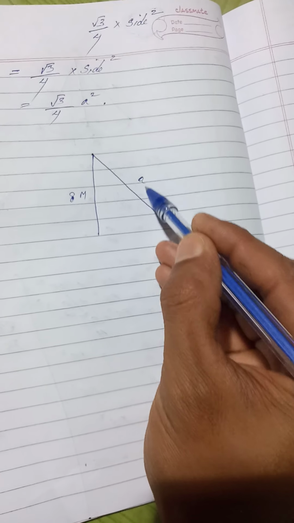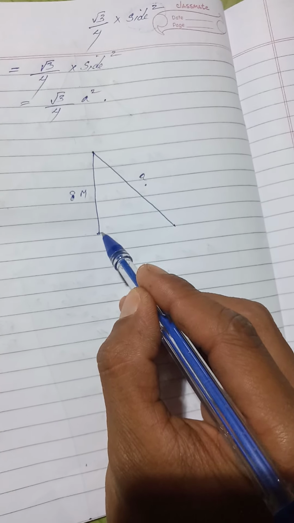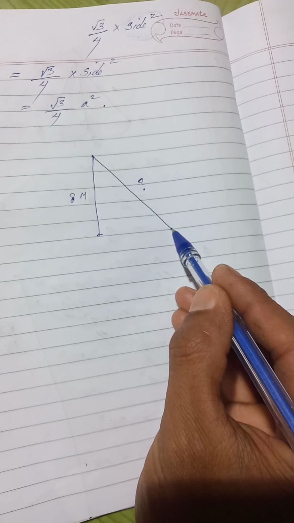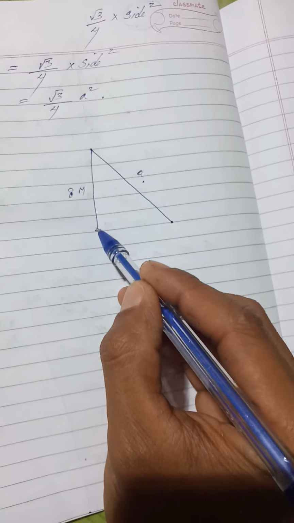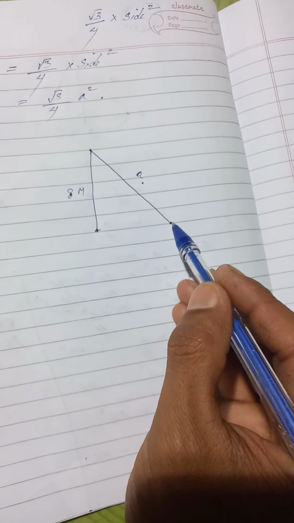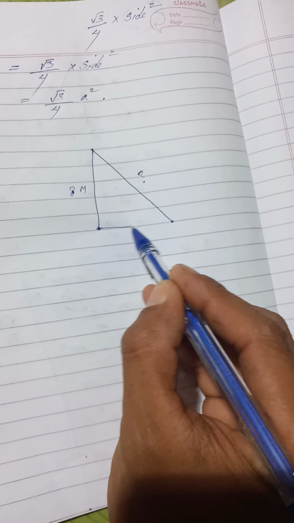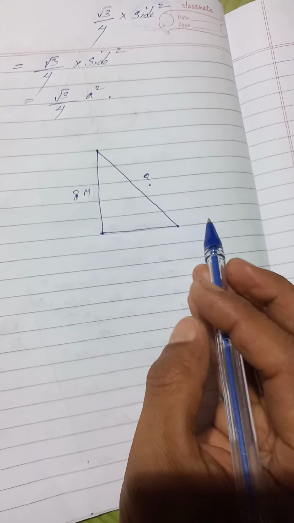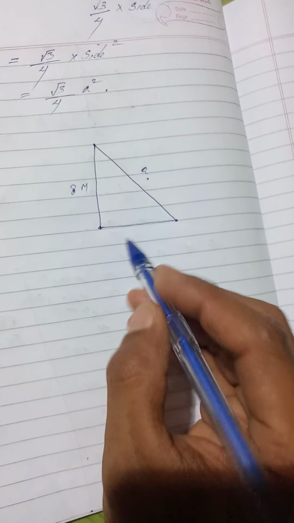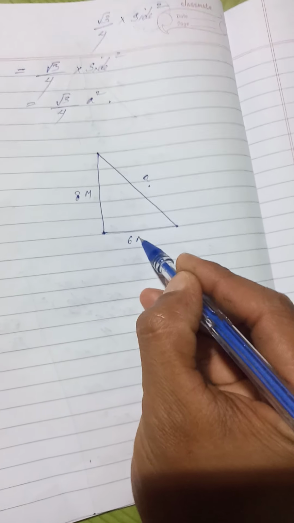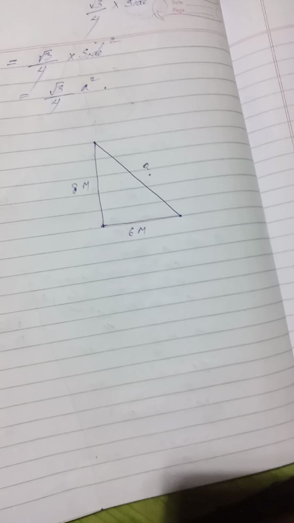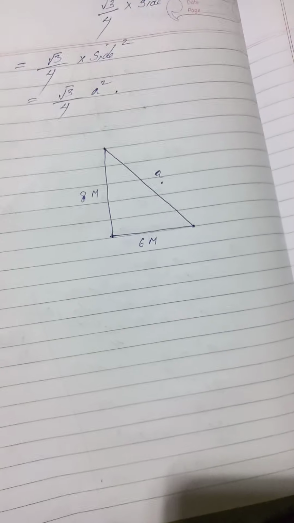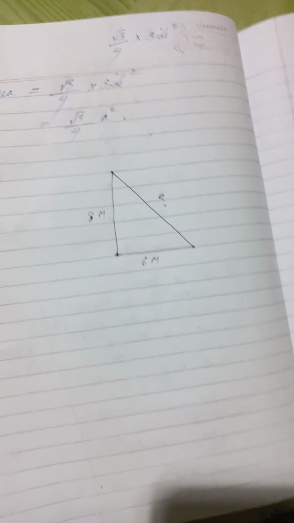We have to find the length of the ladder. The distance between the wall and the foot of the ladder is 6 meters. So we have to find the length of the ladder.